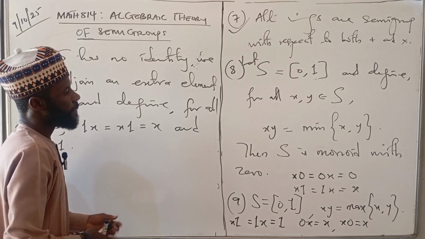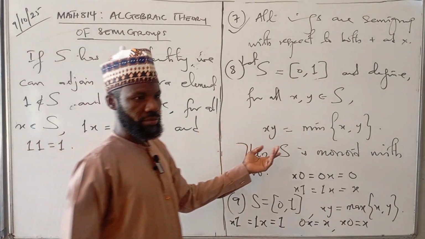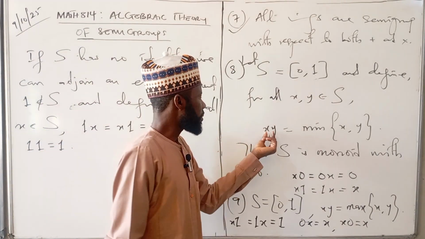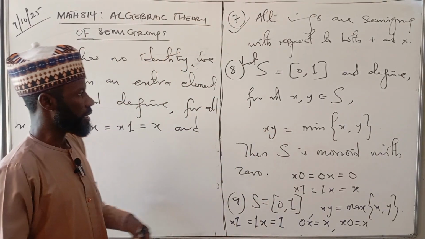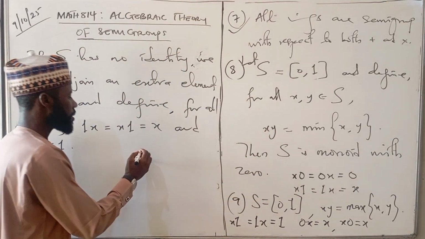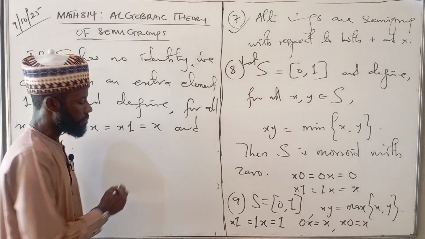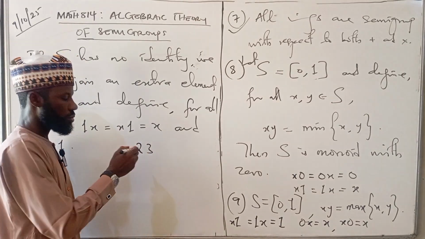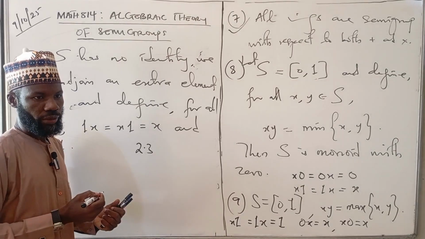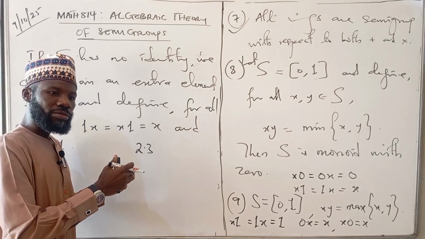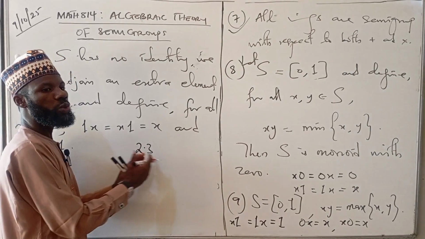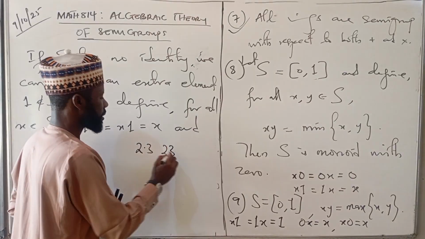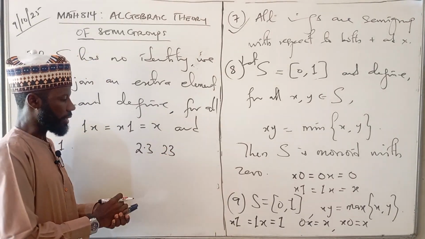But try to train your mind into understanding that if you are dealing with a semigroup of numbers and you say 2, 3, you should write a dot in between. This is just to distinguish between the product of 2 and 3 and the number 23. Are you following?